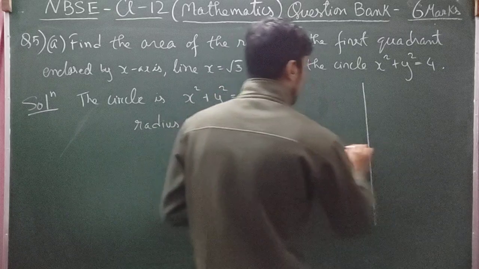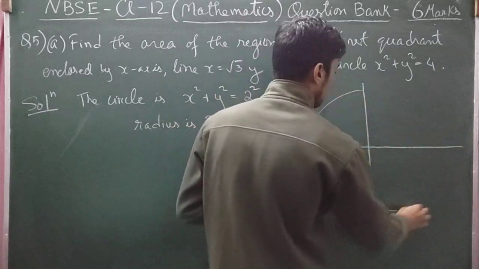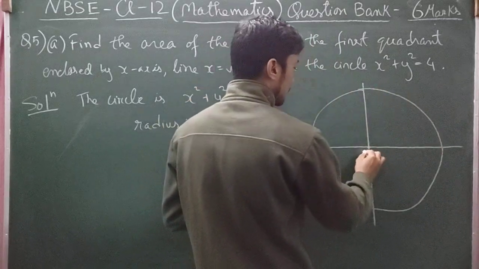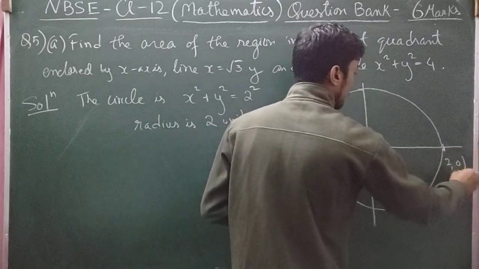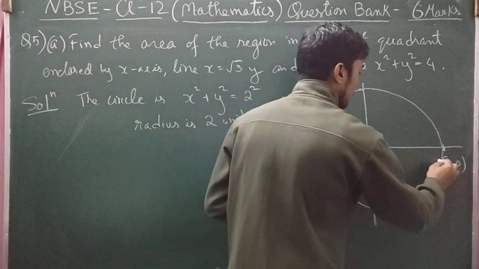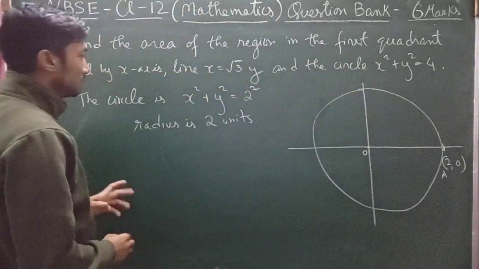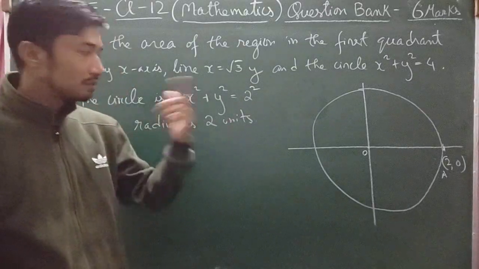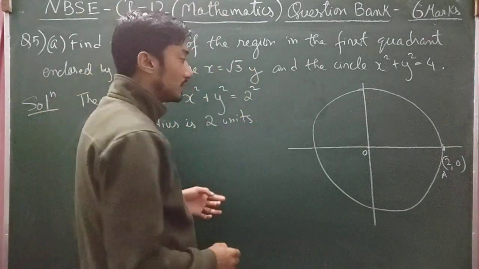Basically, the diagram will hold the key to area of bounded regions. If we draw the figure, this is the origin, and the radius of the circle is 2, so from the origin this is at a length of 2 units. Maybe we can name this A. It is going to be perfectly symmetric because the circle is centered at the origin.